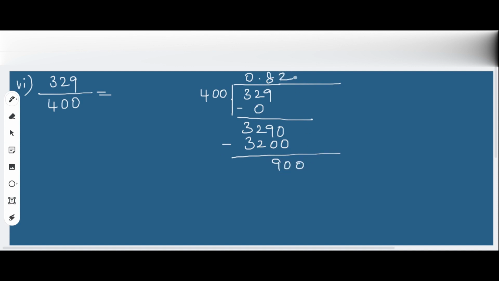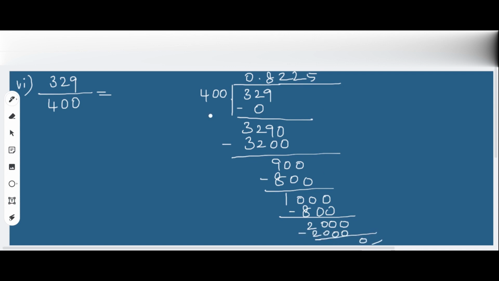How many times? 2s are 800. Then 9 minus 8, insert a 0. How many times? Again 2 times. 800. Then 200. Insert a 0. How many times? 5 times. Right? 5 fours are 20. So now your remainder is 0.